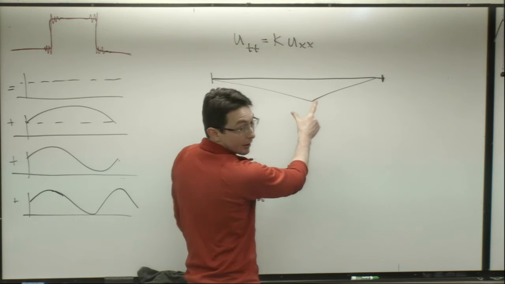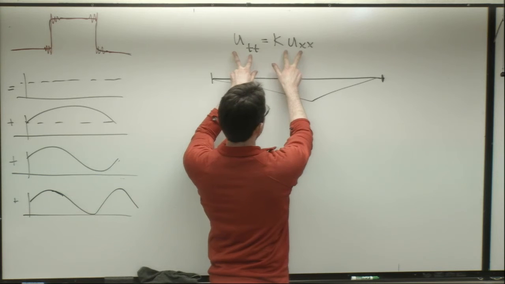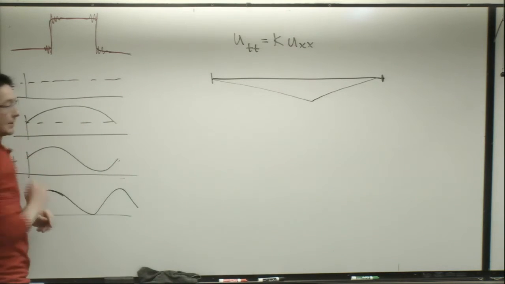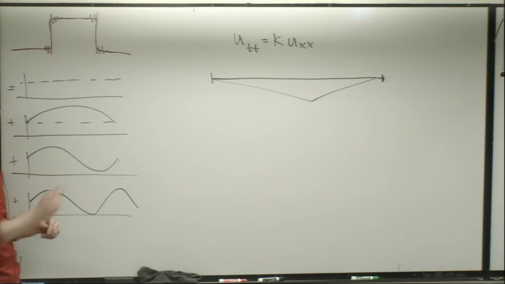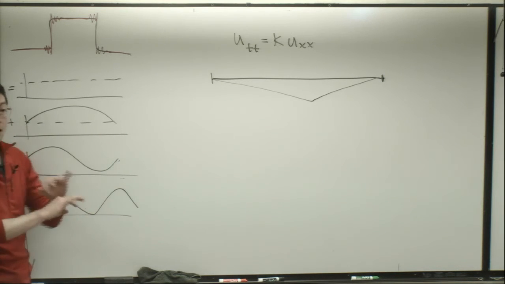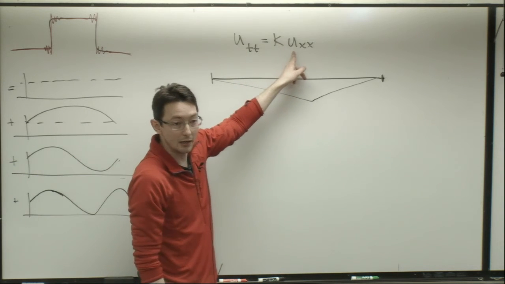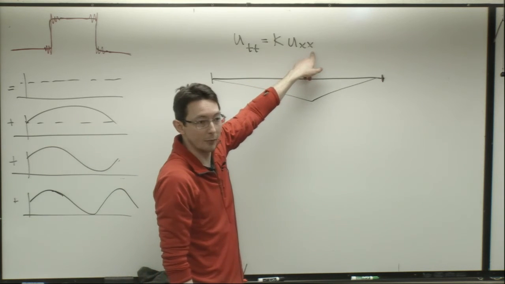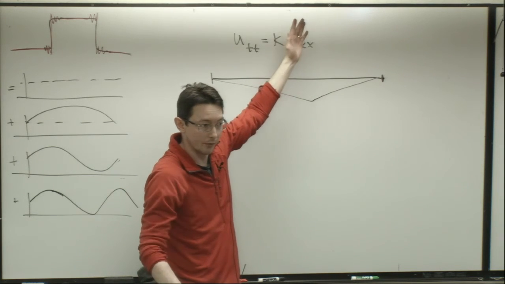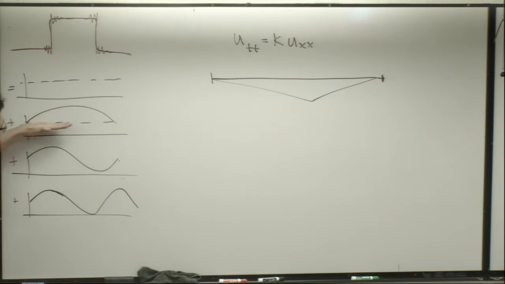But when I let this thing go, I can say, well, what does this PDE look like for this single frequency sine wave? And what does it look like for this single frequency sine wave, and this one, and all of them? And it turns out that these sine waves, when you plug them into this PDE, are really simple. If I take uxx of a sine wave, I get minus a sine wave. And so I can essentially get an ordinary differential equation for the coefficients of each of these sine waves.